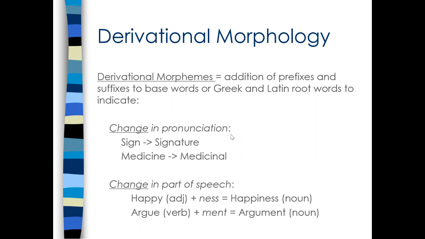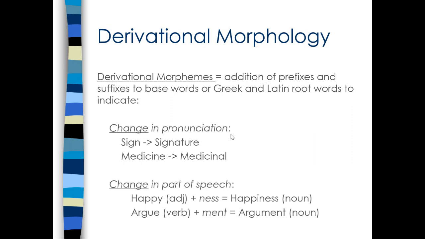Our examples are, the base word would be sign, S-I-G-N, but if we add our suffix, T-U-R-E, we get the word signature. Sign then becomes signature, so we change the pronunciation, and now signature doesn't have quite the same meaning, so the part of speech might be different.